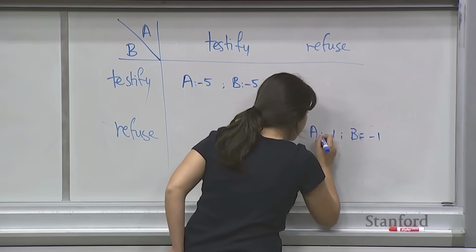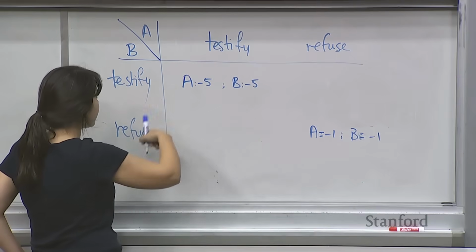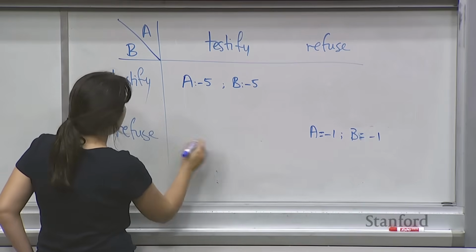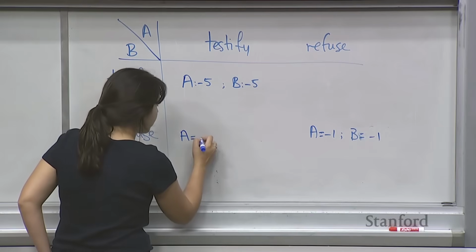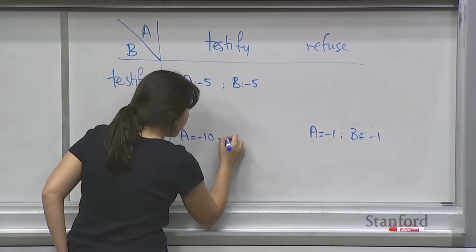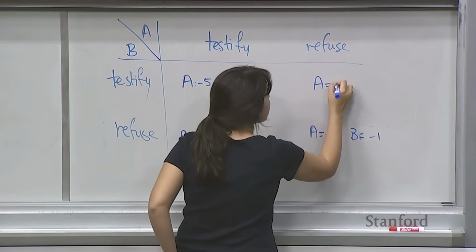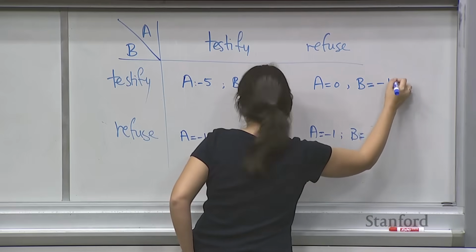And then if it is a setting where one of us testifies and the other one refuses, one of us gets 0, the other one gets 10 years jail. So if I refuse to testify, then I get 10 years jail, and then B gets 0. And in this case, A gets 0, and B gets 10.